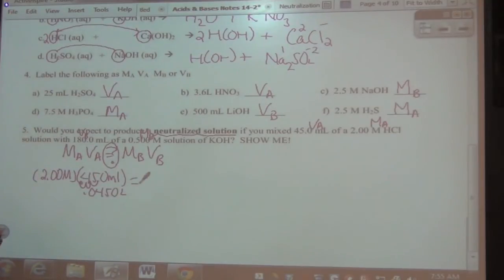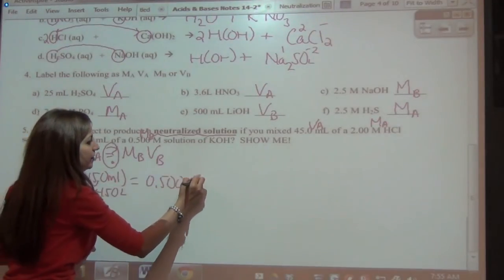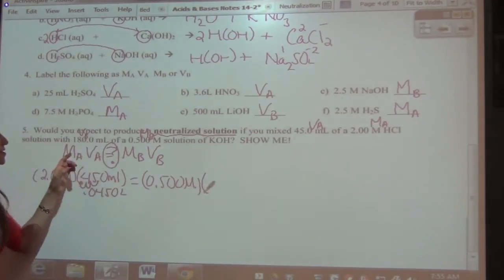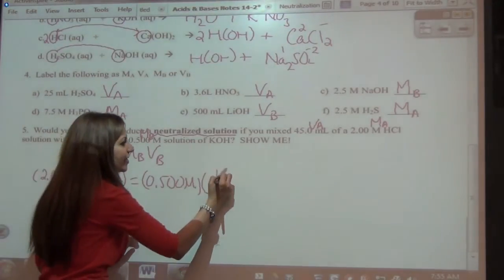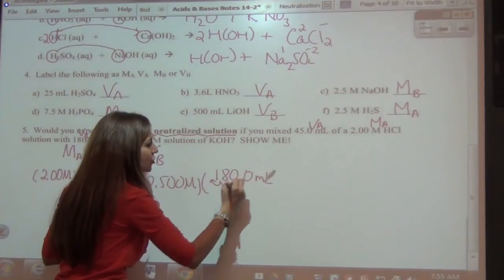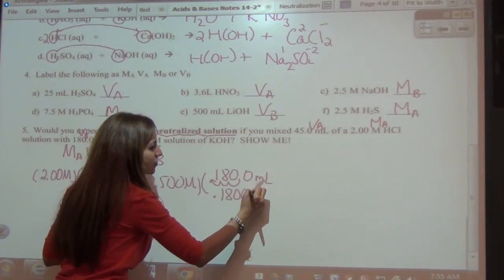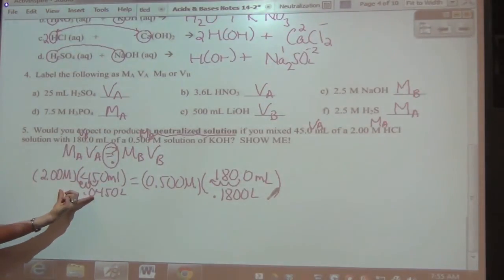Equals Mb, next person. 0.5. Nice. And next person for Vb. 180. Good. And then we're going to shift our decimal 3 places back again so that it's 0.1800 liters.